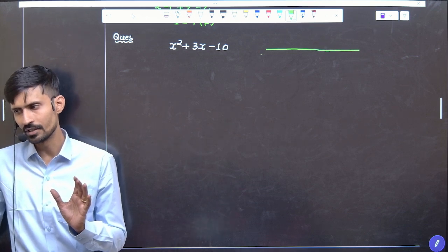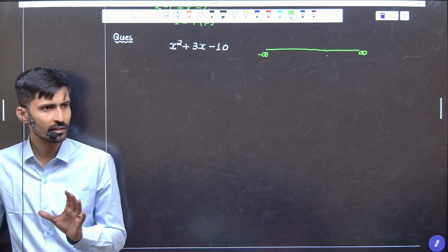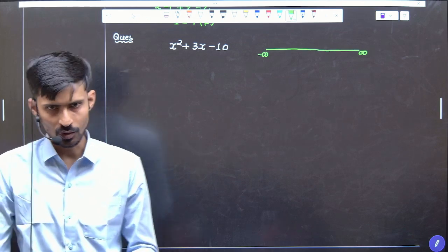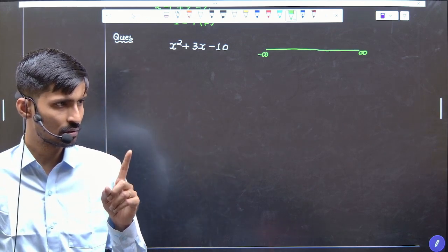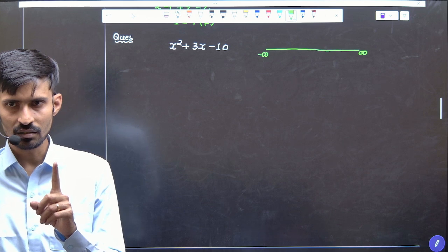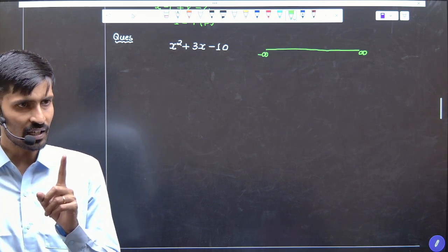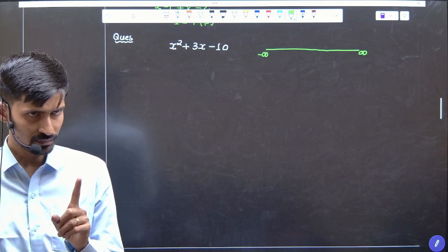Write minus infinity to infinity. Find its roots. Put on number line. Draw the sign positive, negative, positive, whatever is there. And find the correct root. Minus means minus. So when you are doing the calculation, addition, subtraction, division, you don't have to make any mistake.